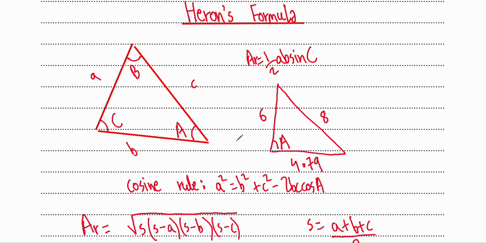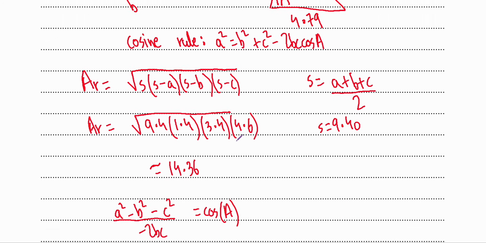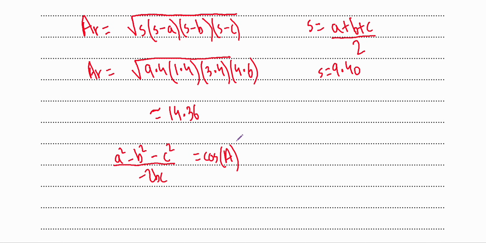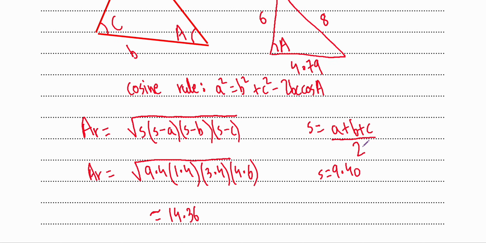So we have 8 squared, so 64, minus 36, minus 4.79 squared, divided by negative 2 times 6 times 4.79. I'm getting negative 0.088 as cos A. I find the cos inverse of that, I get A equal to 95.05 degrees. And now we know how to find the area of the triangle.